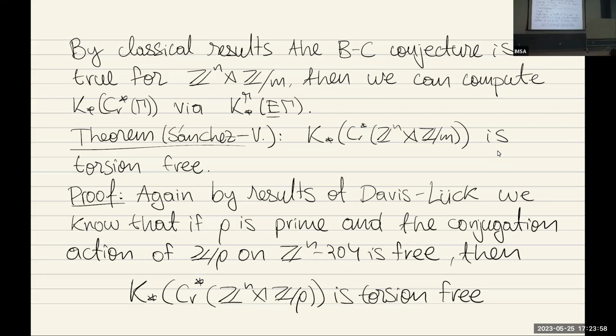The theorem is that this K theory group is torsion for these groups. How to prove that? The idea is that Davis and Lück proved this in the case that M is a prime number and the conjugation action is prime. Then by the Davis and Lück theorems, we know that this K theory group is torsion. What is the idea to extend this to any action of Z/M?